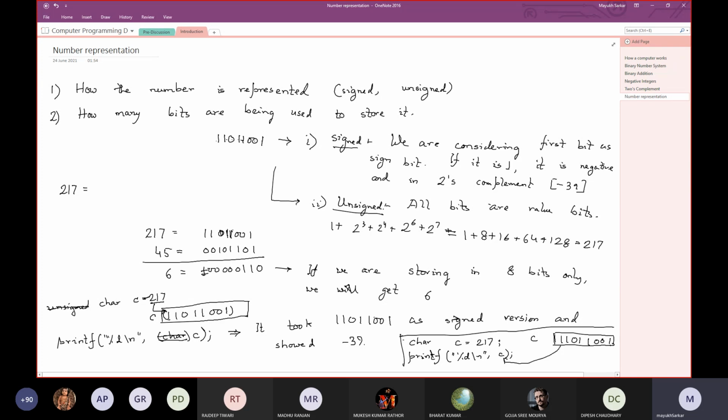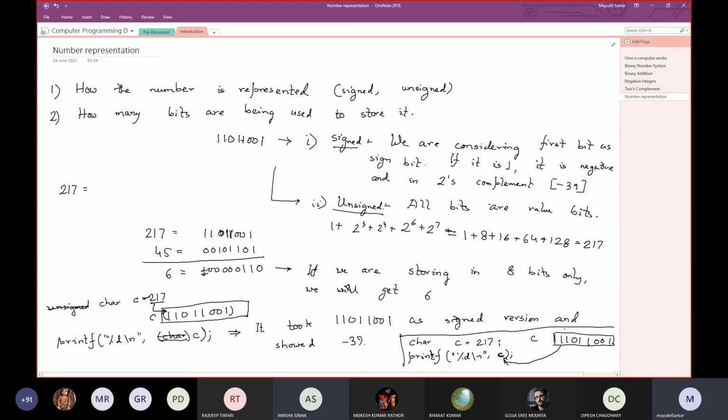I will demonstrate in detail later what variable types are. But for now, consider that the type of C is a signed character, and so I did not need to perform any typecasting here. C straightforwardly printed this bit pattern as the signed representation, and it showed minus 39. Is it clear?